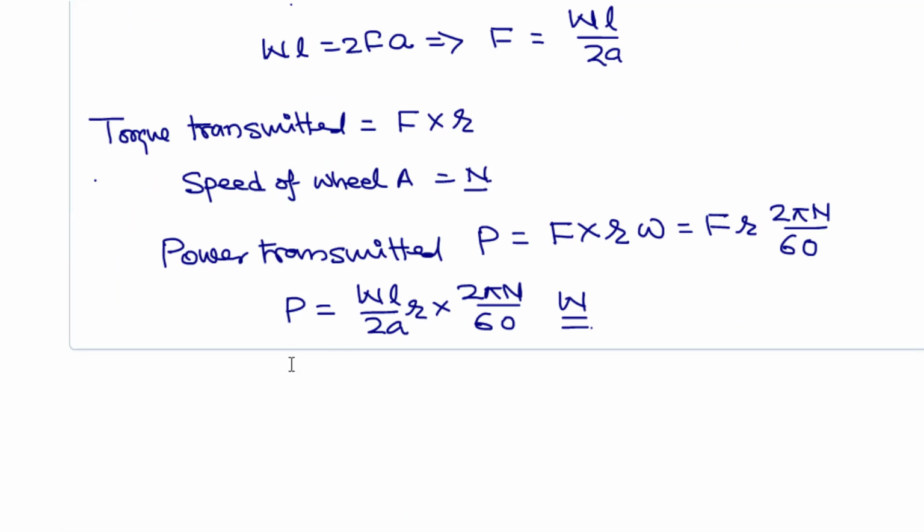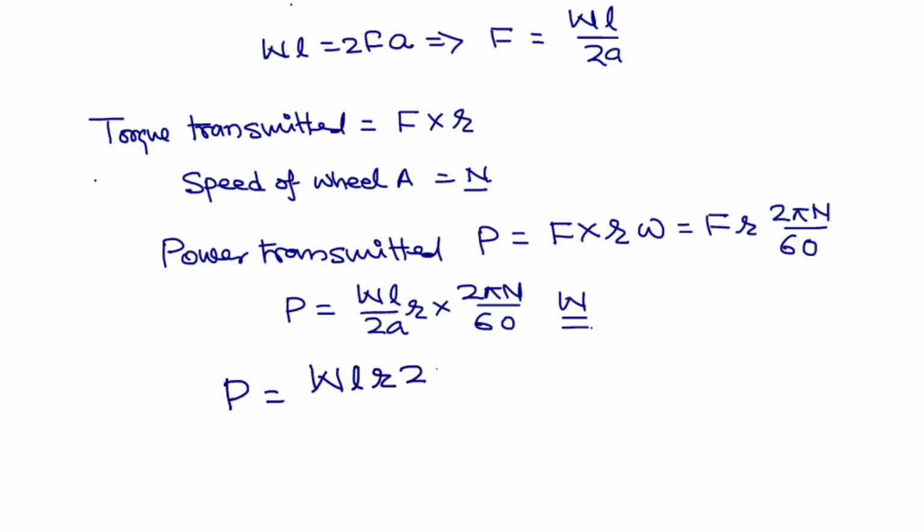We can calculate by this formula: power P equals W into L into radius R into 2 pi N upon 2 into A into 60.